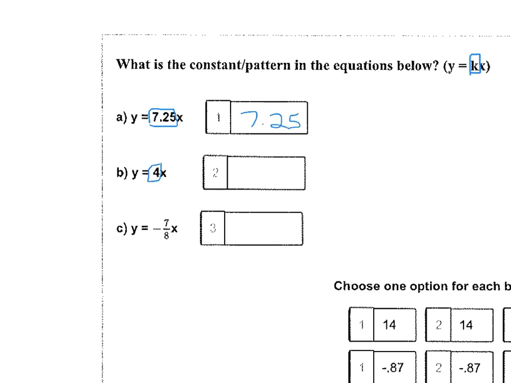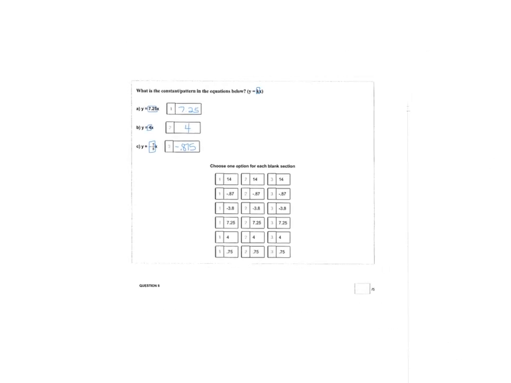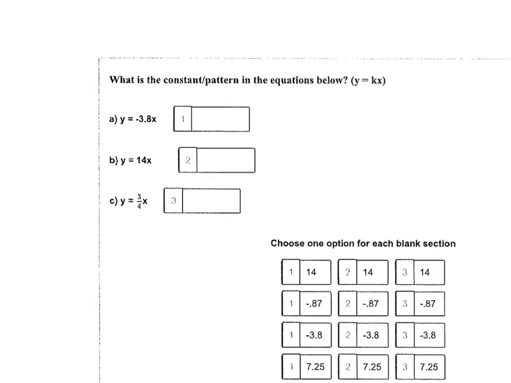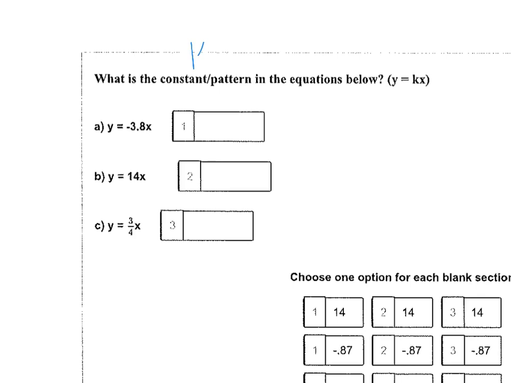For B, it's 4. And you're going to keep doing this. And then -7 divided by 8 is -0.875. Same thing here, it wants the constant pattern, it wants k, it wants the number next to x. That's literally all you're doing, is identifying that number.